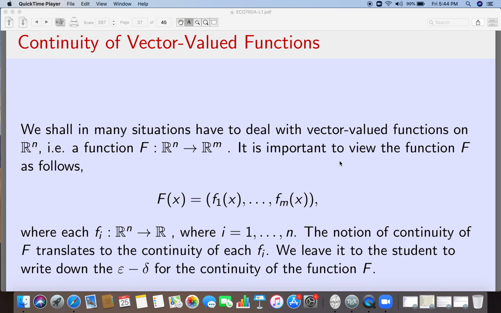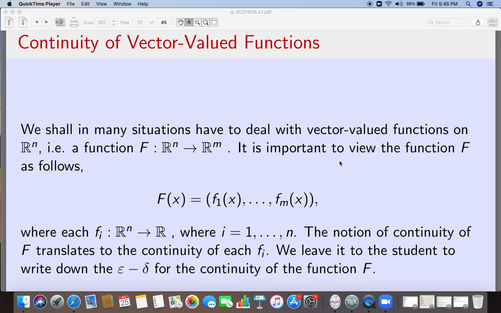F of x from Rn is mapped to a vector in Rm. So each of the components of that vector depends on x. You change the x, and capital F(x) would represent a different vector in Rm.